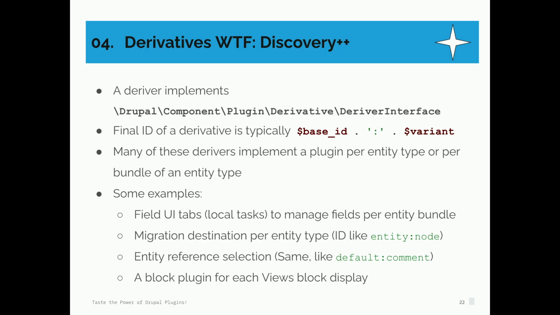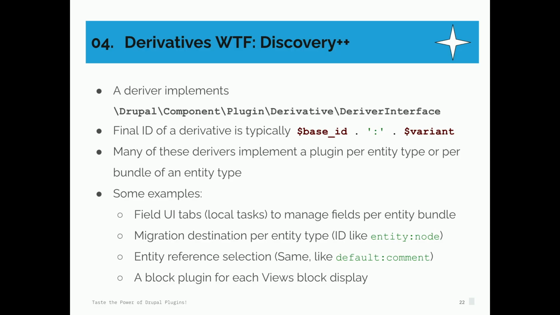And typically, a derivative looks like a base ID, a colon, and some other ID that is the variant of that derivative. A lot of times these derivatives are either per entity type or per entity bundle. A great example is the field UI. If you enable the field UI module, it has tabs on every bundle of every node type to manage fields. Well, those tabs, those local tasks, are plugins.